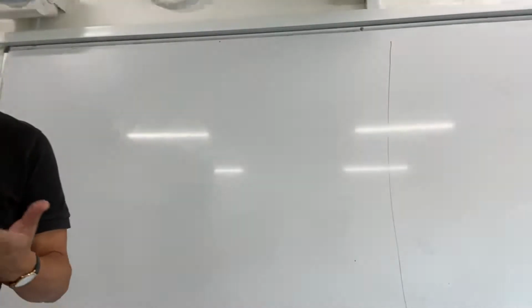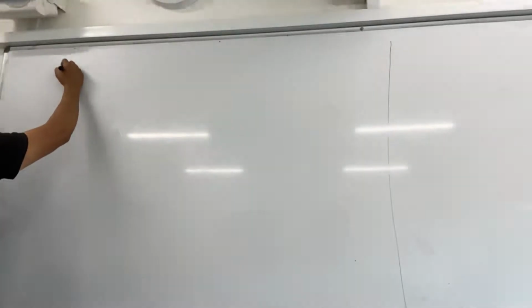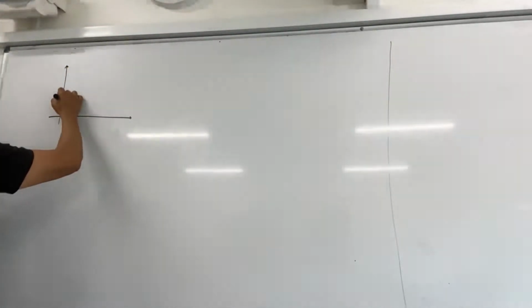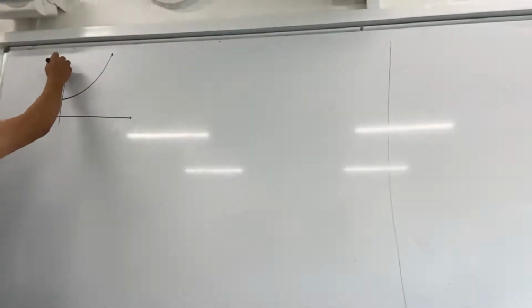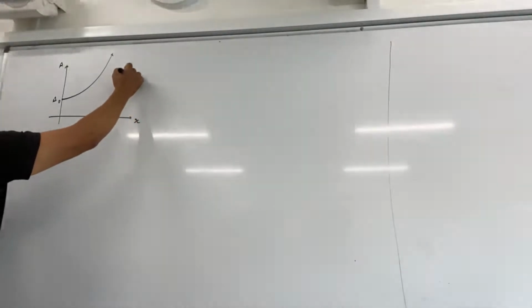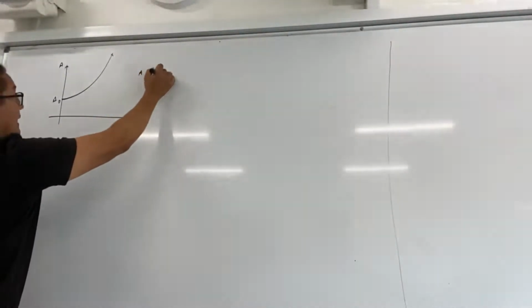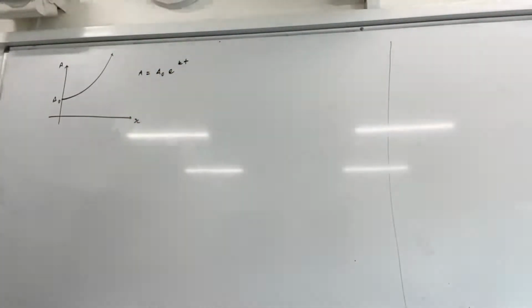So if you can imagine a normal everyday exponential curve, let's just say like this here. This is the 2 unit. I'll call this A0, A. You've already got this. And then I'll say A is equal to A0 e to the kt because it's growth.